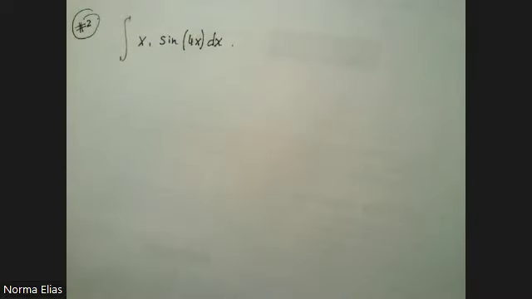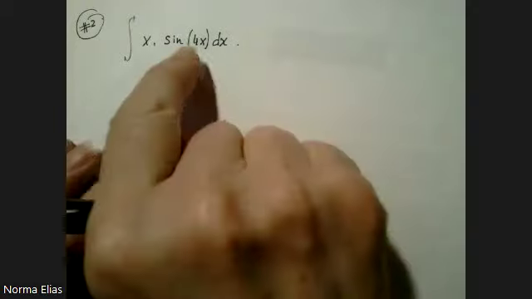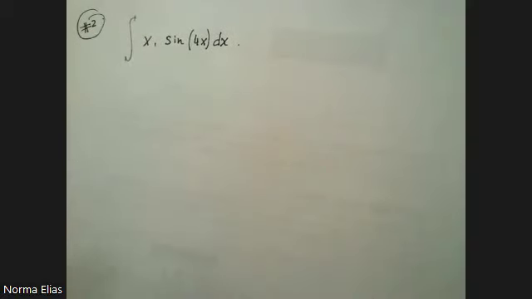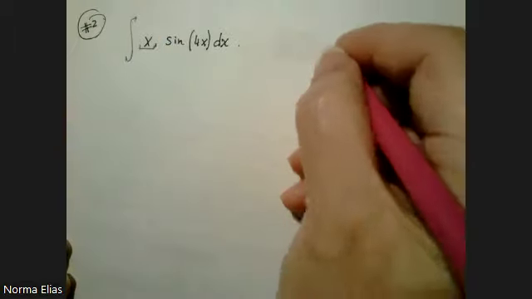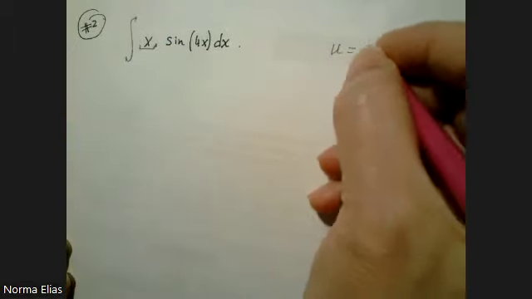So this is again a problem where substitution is out of the question, because the derivative of 4x is 4, and I have x staying here. No way I can get rid of the x. So we're going to do the same kind of work. We're going to set u to be x.